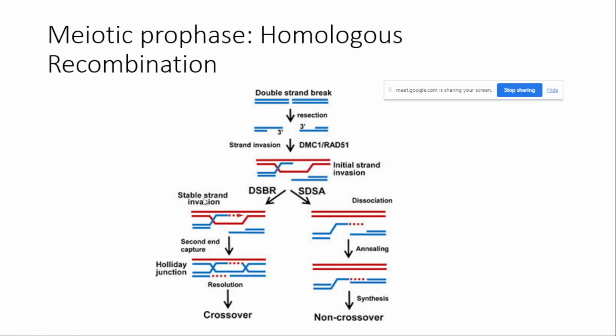Because this DSBR pathway is followed in crossing over in meiosis, but SDSA is a non-crossover pathway. Up to the presence of the DSB, the strand resection, and then the invasion, the thing was the same.